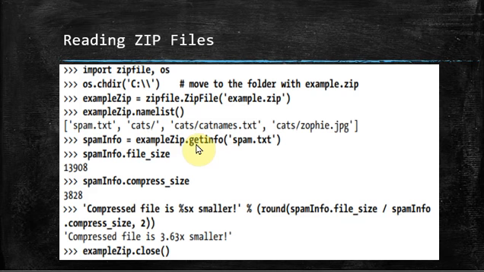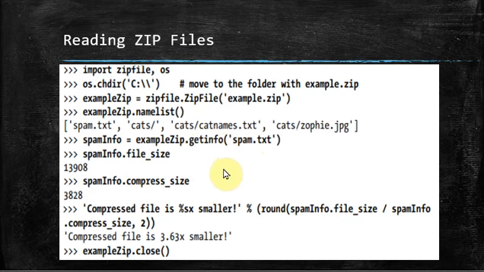While a ZipFile object represents an entire archive file, a ZipInfo object holds just the useful information about a single file in that archive.